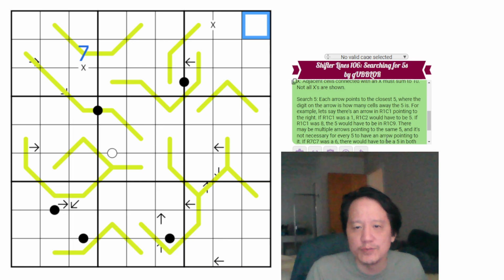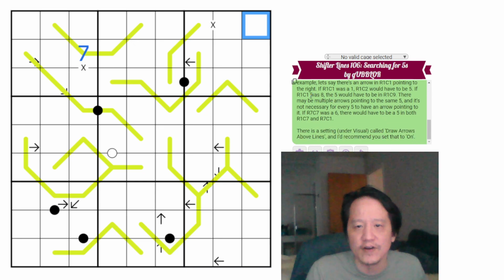There may be multiple arrows pointing to the same 5, and it's not necessary for every 5 to have an arrow pointing to it. If R7C7 was a 6, there would be a 5 in both R1C7 and R7C1.